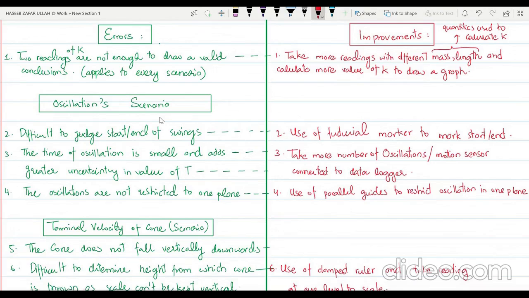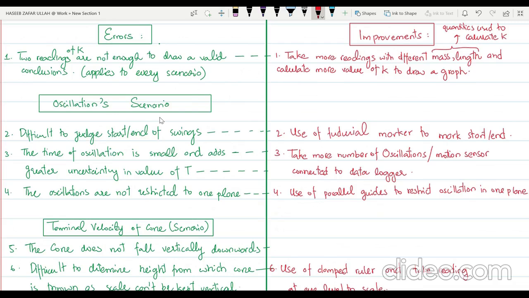So in the oscillation scenario, the first error that can be experienced is the difficulty to judge the start and end of the swing. You just release the bob and then it oscillates, but you do not know from which point you released it, or to which point when it comes back you have to count it as one oscillation.